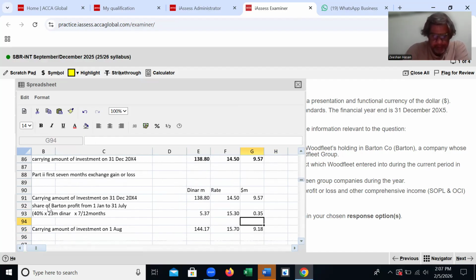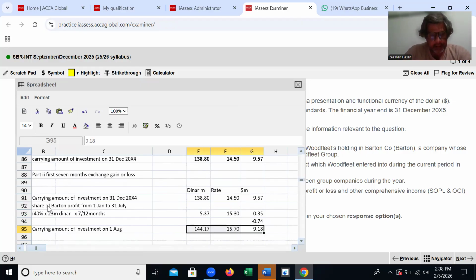Now we have to balance it. So this minus this minus this. 9.18. So this exchange loss should be recognized.